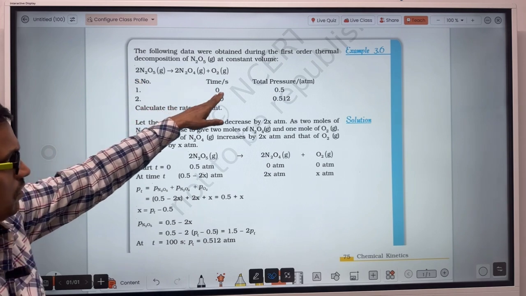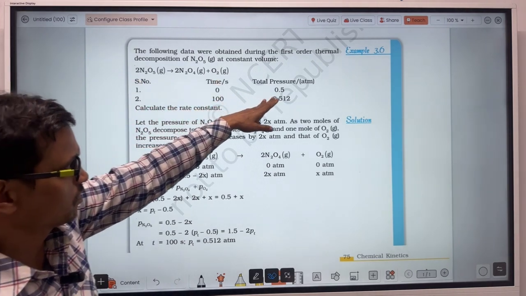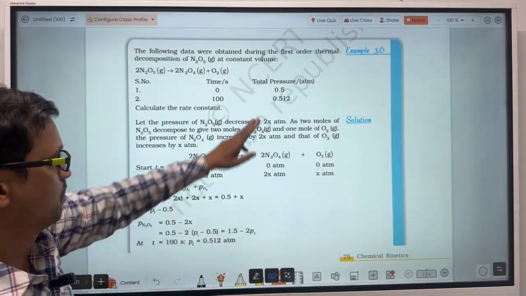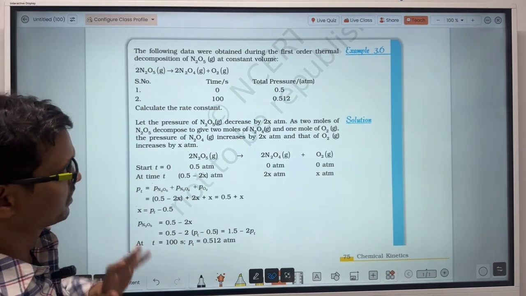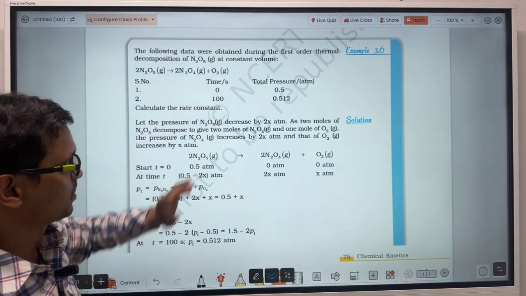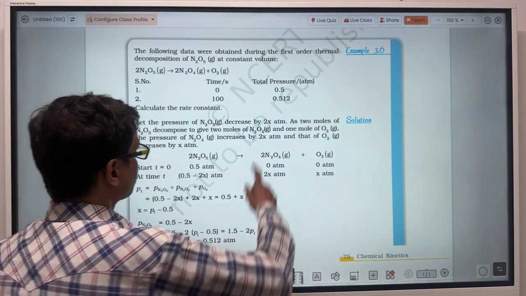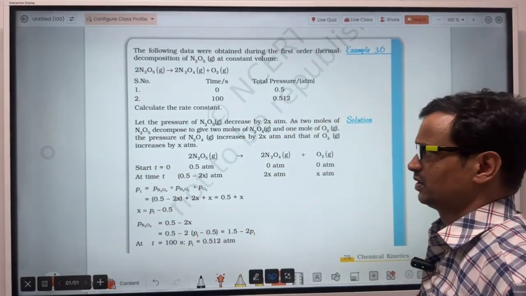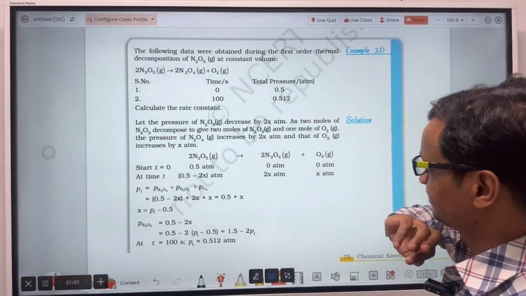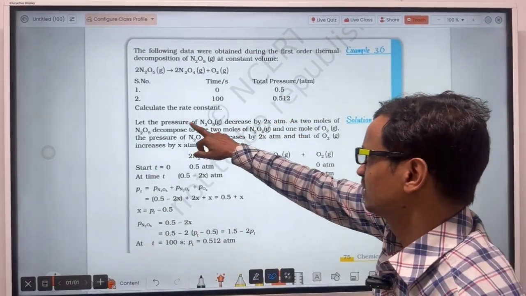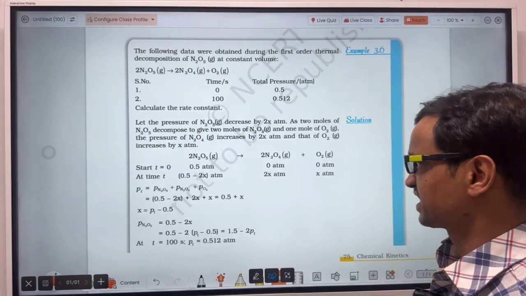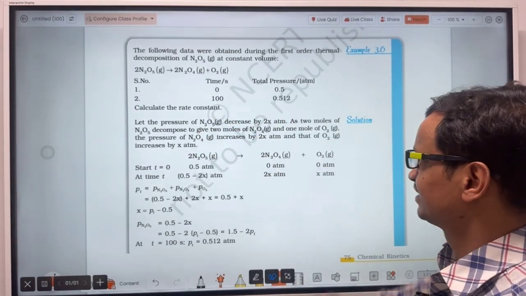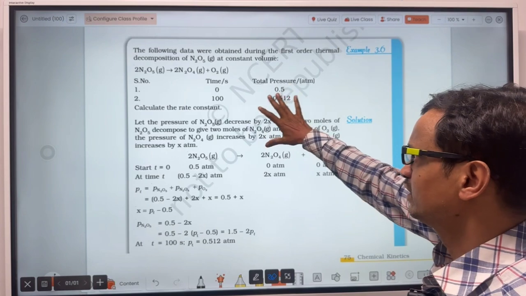At T equal to 0, the total pressure is 0.5 atm, so that will be the partial pressure of N2O5 only. And at T equal to 100 seconds, the total pressure is 0.512 atm. You will have to find out the rate constant, that means K. Okay guys, this question is very easy.